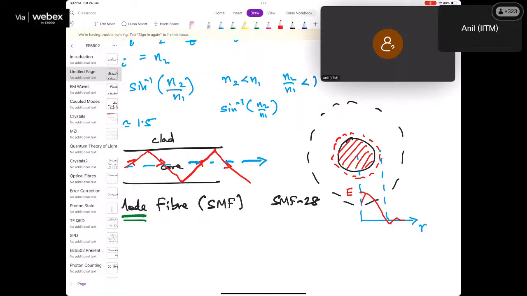So most of it is sitting inside the core of the fiber, which is, let us say, A. So this distance is A, and most of the electric field is sitting inside that fiber.